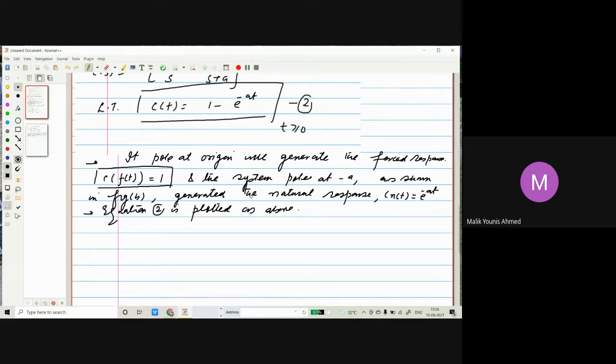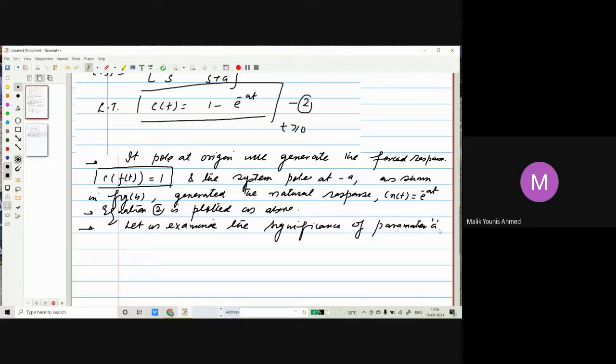Okay. Now let's examine the significance of the parameter a. What is the importance of the parameter? This parameter a is very important for us.